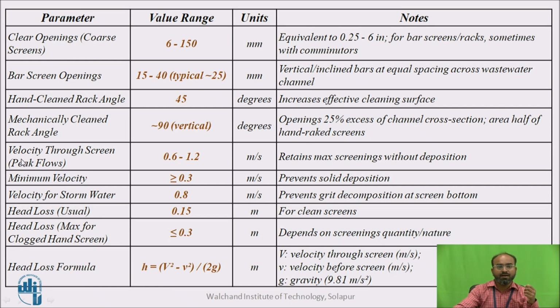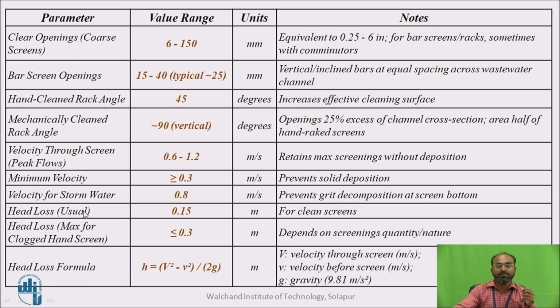Then what should be the velocity through the screen? It is generally between 0.6 to 1.2 meter per second. Then what should be the minimum velocity so that particles present in the wastewater do not settle down? The minimum velocity should always be equal to or greater than 0.3 meter per second.